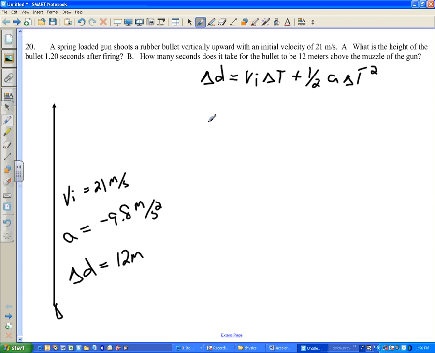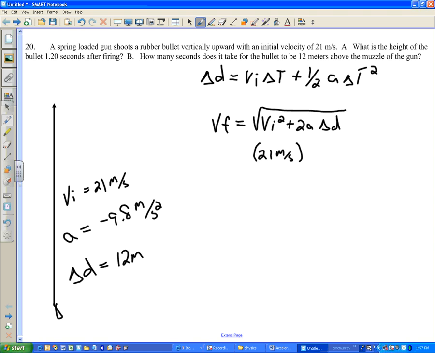If we could find out a final velocity, then we could use two separate equations. And I think we can find a final velocity if we do something like this: VF squared equals VI squared plus 2A delta D. Now we know delta D, we know A, we know VI squared. Well, we can put those numbers in. So VI squared, well, we have 21 meters per second.